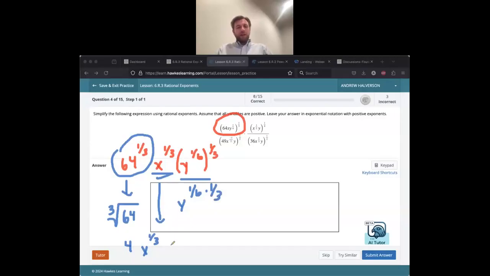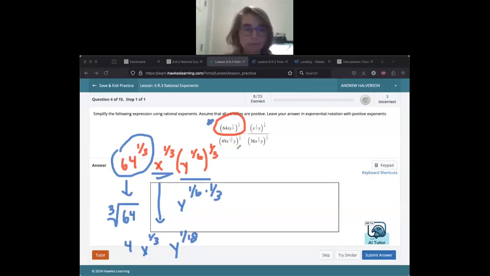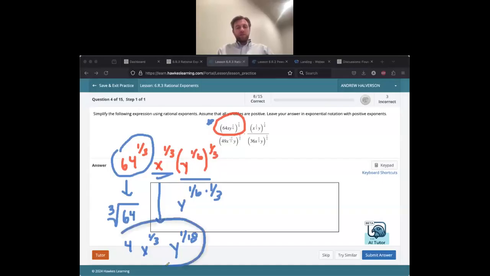And that gives us what? Y to the 1/18. Okay. That's just this component right here that I got circled in red. You got to do that for the other parts too. The same exact thing. So let's remember this one because we'll come back to it.